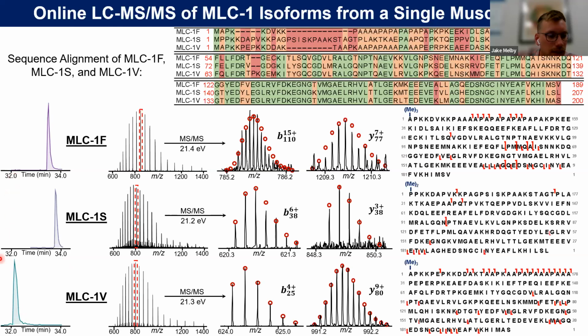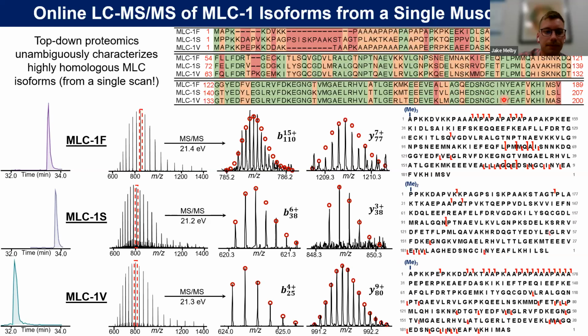So again, these are all separated chromatographically, and we're able to select all of the precursors of interest and fragment them to unambiguously characterize these proteins of interest, with very minor differences in their N-terminal modification, and almost homologous from the middle of the protein to the C-terminus.